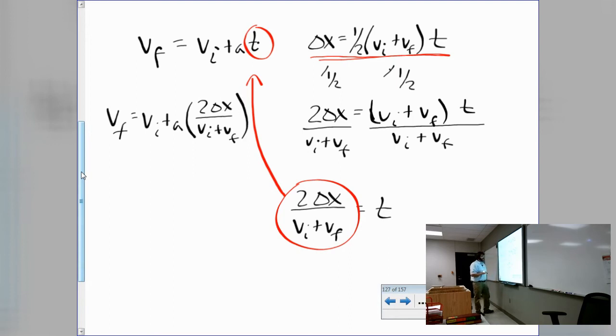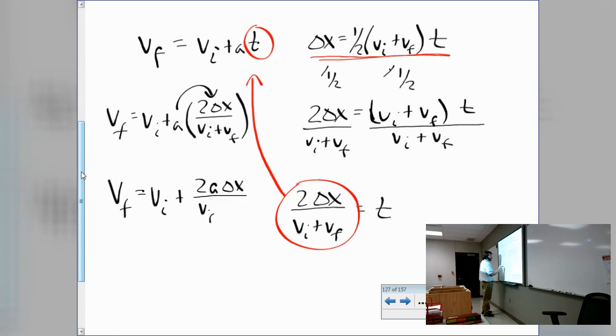Okay, now I need to simplify this, but the first thing I would do is distribute acceleration into the portion that I just solved for time. So that'd be velocity final equals velocity initial plus 2a delta x over velocity initial plus velocity final.